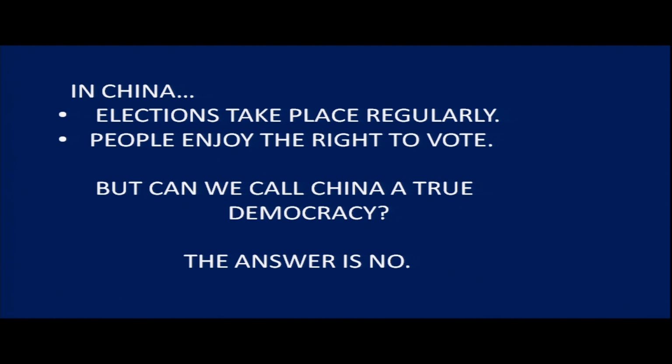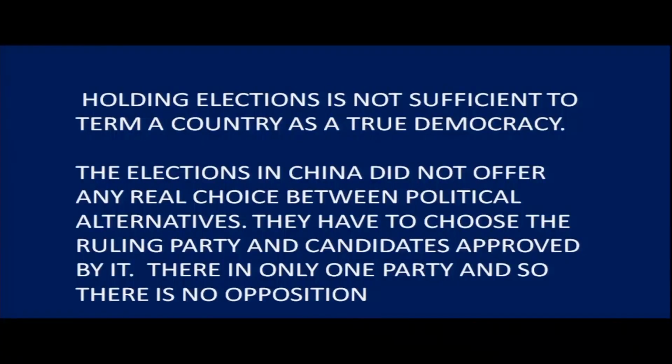The citizens also enjoy voting rights. But can we call China a true democracy? The answer is no. Holding elections is not sufficient to term a country a true democracy. The Chinese people had the right to vote, but the elections in China did not offer any real choice to the people because they did not have any alternatives.